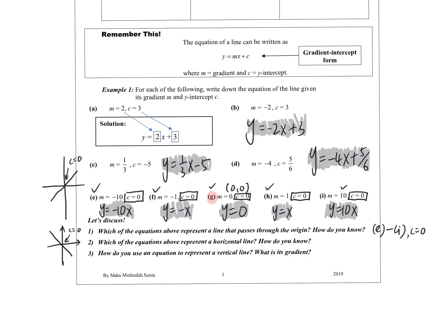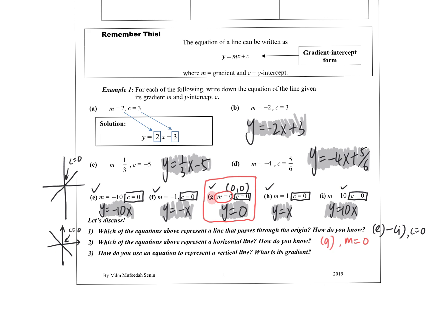There is only one, which is this one. Horizontal line means what? Flat. So what is the thing that is always 0? Gradient. So only G is a horizontal line because the gradient is 0. That's the reason.